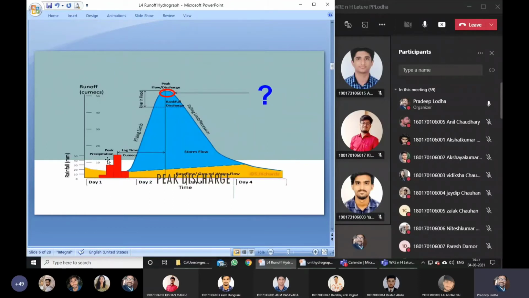The hyetograph is just sufficing the meaning of the hydrograph here. Otherwise, if you don't draw the hyetograph, then it's okay. This hyetograph is not part of the hydrograph, but it is leading to the hydrograph. That's why it is customary to draw a hyetograph with the hydrograph.